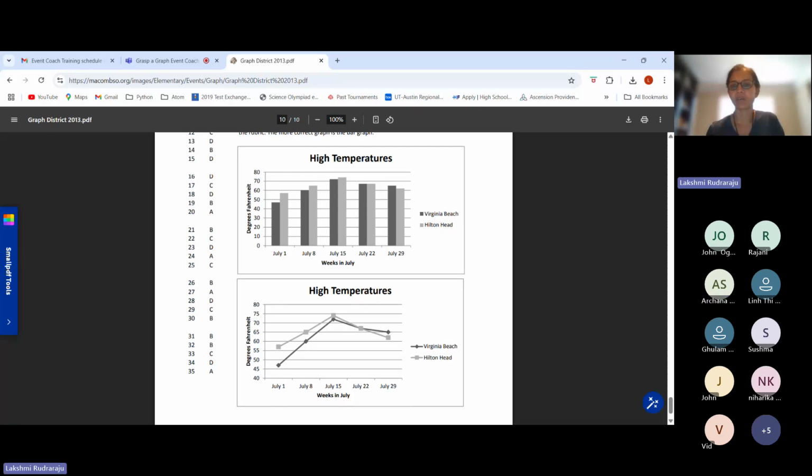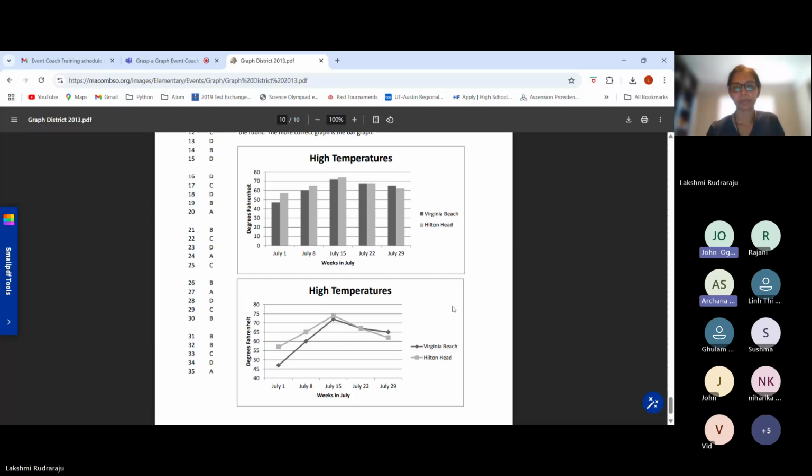And obviously a legend. If they're using colors, they should use the legend. If they're not using colors, sometimes I see kids drawing dots versus a solid line or a blank one with just a black pencil. In that case, they have to provide the legend.